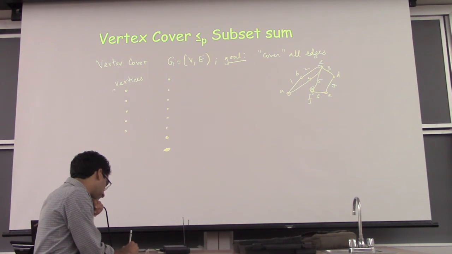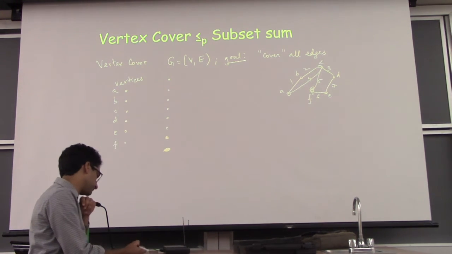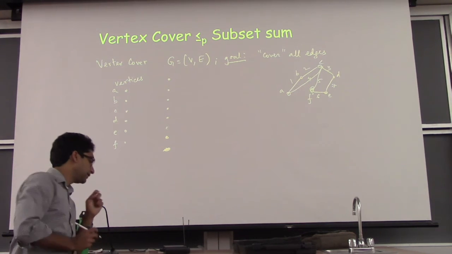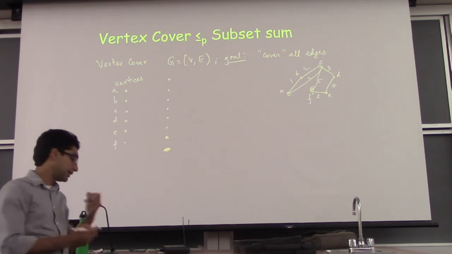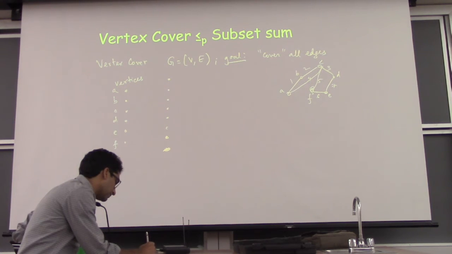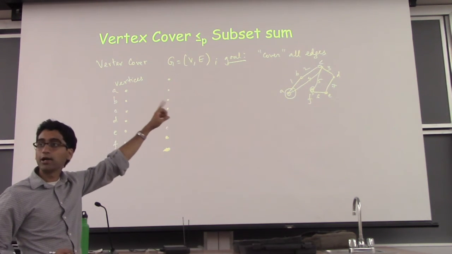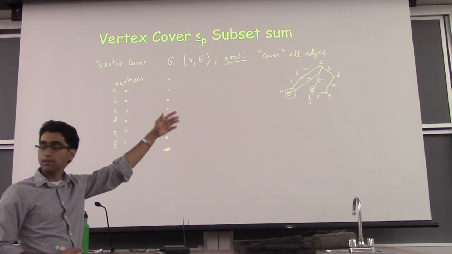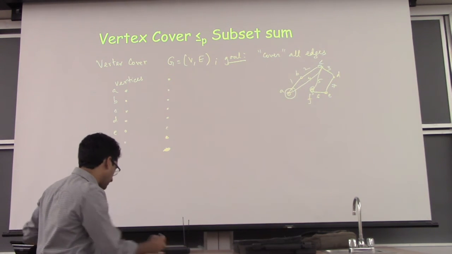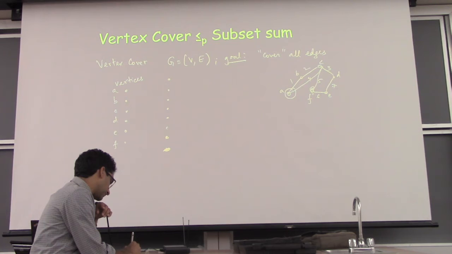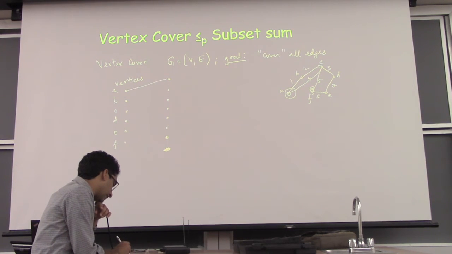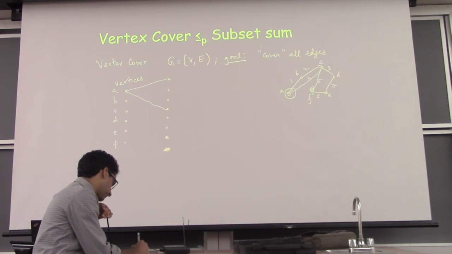So I have vertices here. And you can say that if I pick vertex A, then I'm going to cover edges 1 and 4, right? Because this is what we were doing. So we can try to say, okay, so this is connected to 1 and 4.